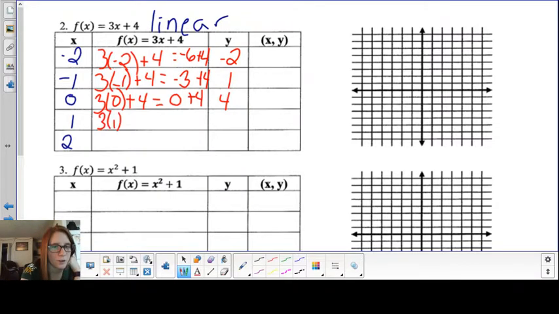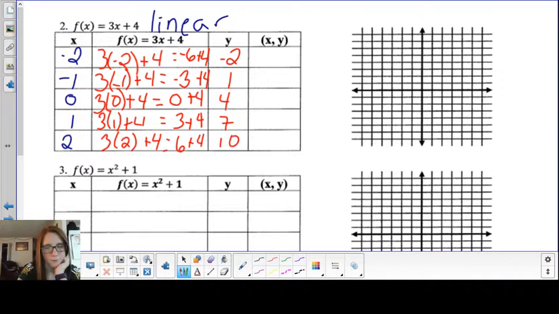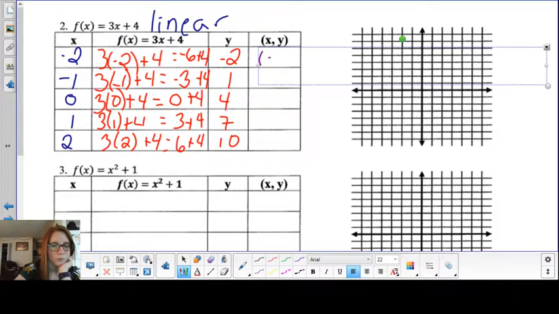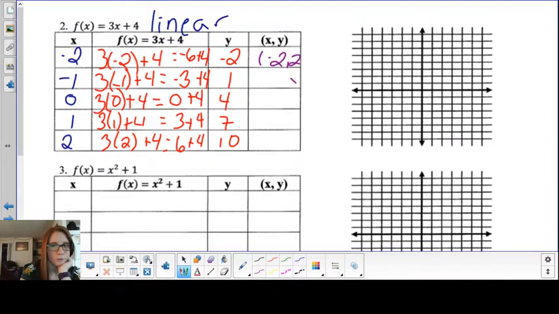3 times 1 plus 4. 3 times 1 is 3 plus 4 will give me 7. And then finally 3 times 2 plus 4 will be 6 plus 4, which will give me 10. And those points are (-2, -2), (-1, 1).